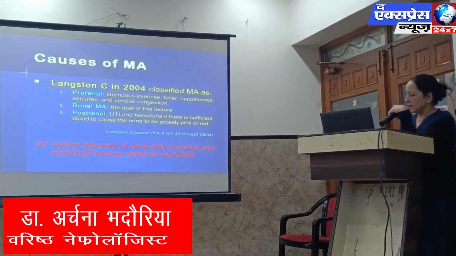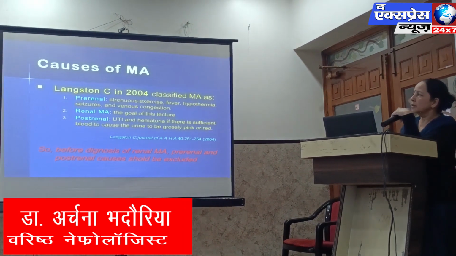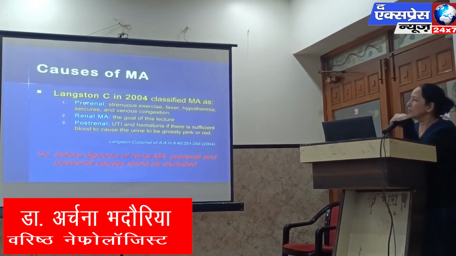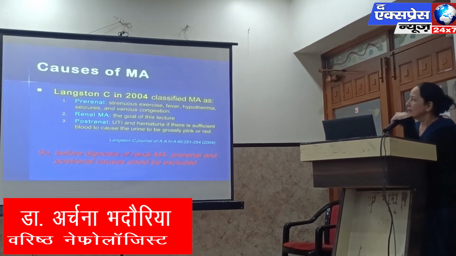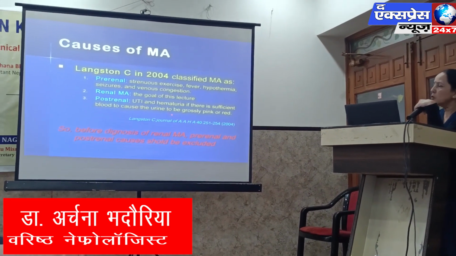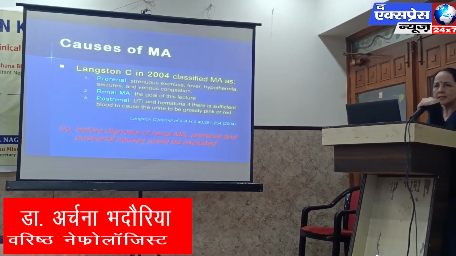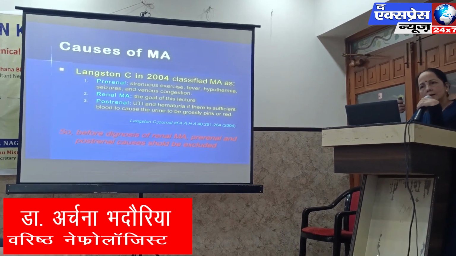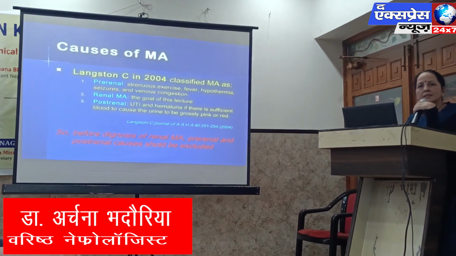So another classification of microalbuminuria would be pre-renal, that is exercise, fever, hypothermia, convulsions, venous congestions. Then post-renal: urinary tract infection, hematuria. These would contaminate, like pus cells and RBCs are again protein. So the dipstick will read them as proteins.